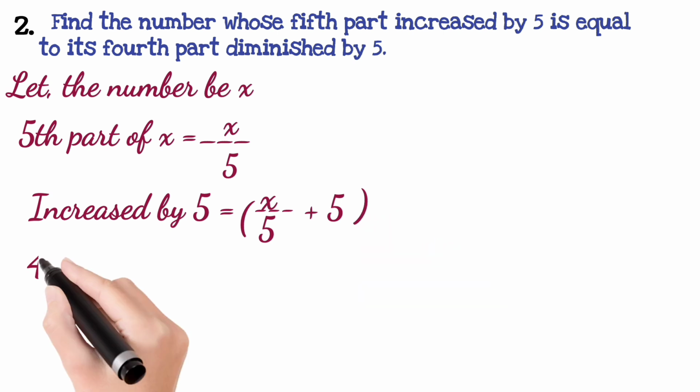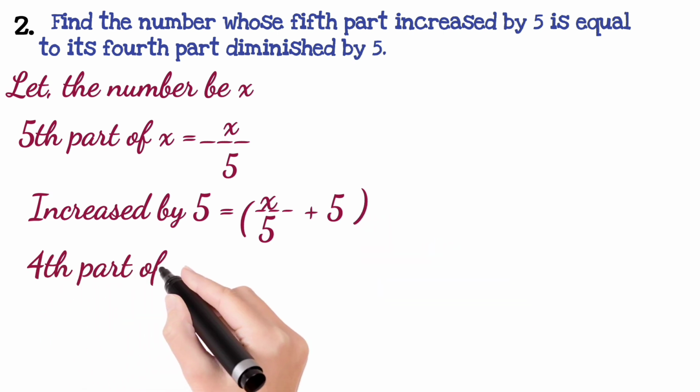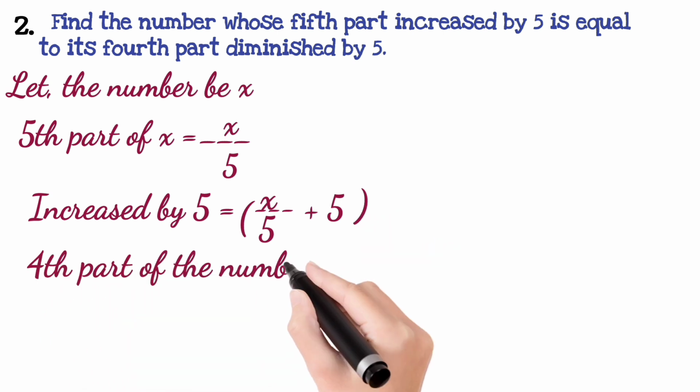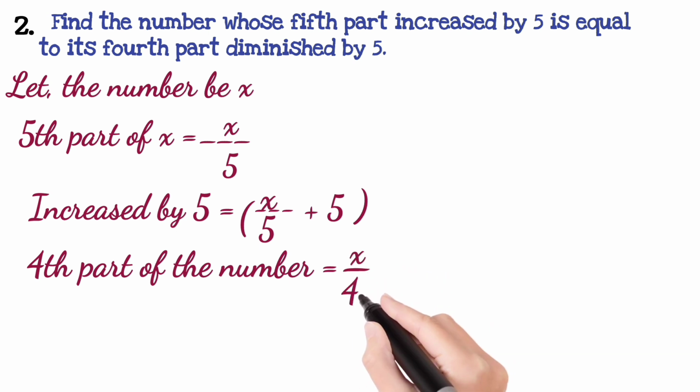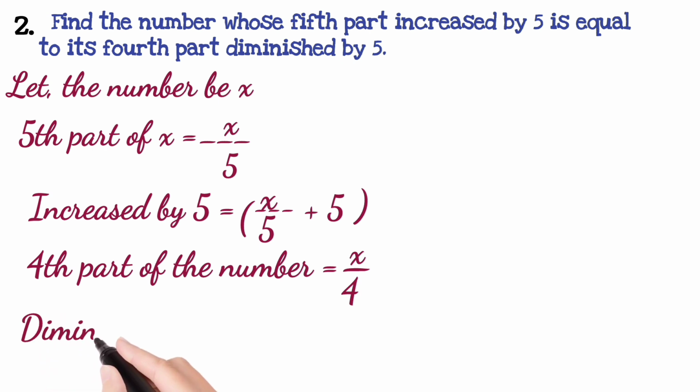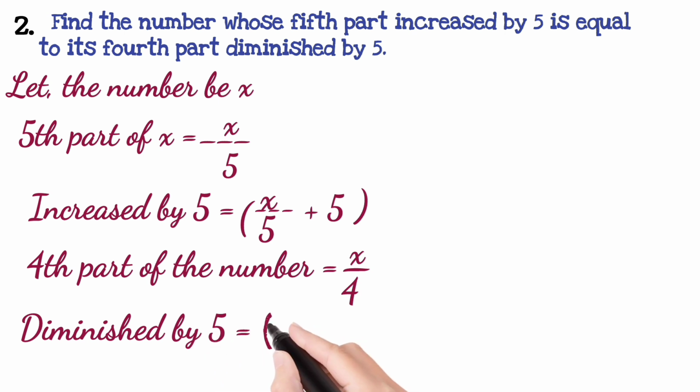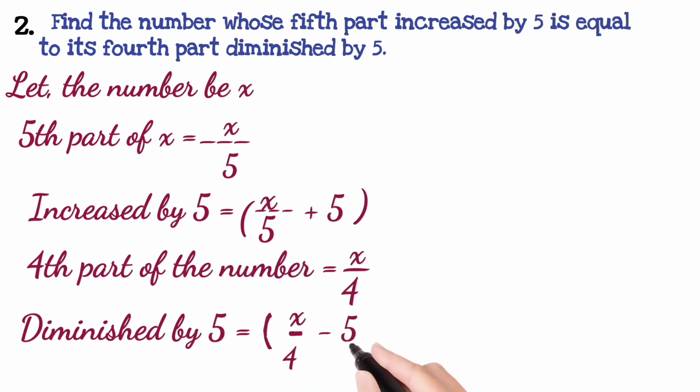Now we will write the fourth part of the number, meaning the fourth part of x equals x by 4. And in the question, it is giving the fourth part diminished by 5. Diminished means minus. So we will write x by 4 minus 5. Okay, you got these two, so keep them.